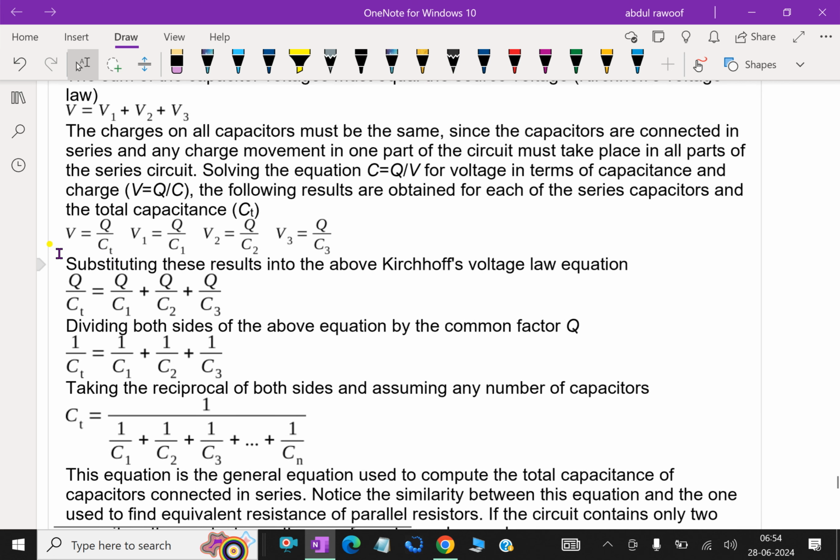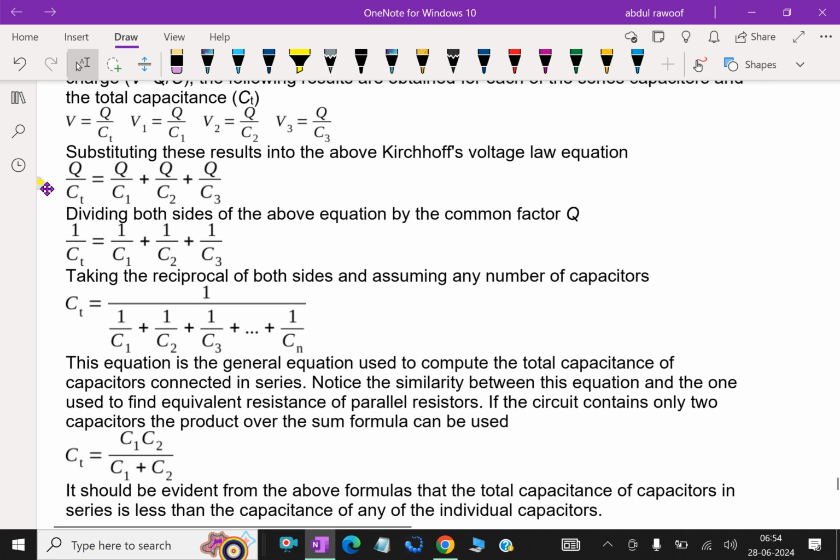We know that V equals Q over C1 for capacitor 1. V equals Q by C total, and V1 equals Q by C1. Q is not changing. V2 equals Q by C2, and V3 equals Q by C3. Now, Q by C total equals Q over C1, plus Q over C2, plus Q over C3.